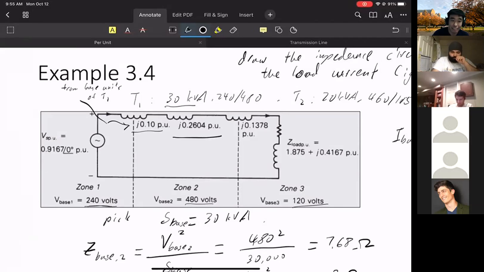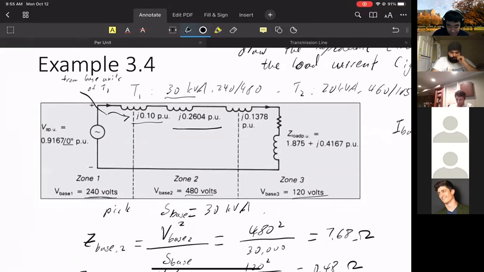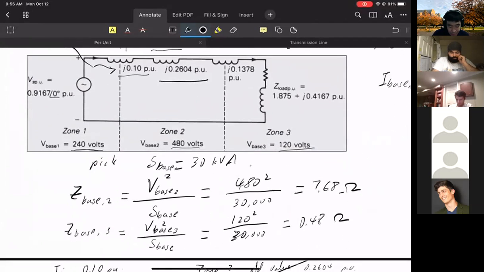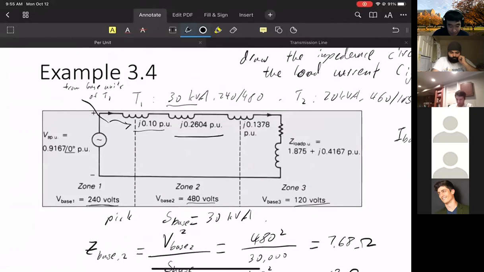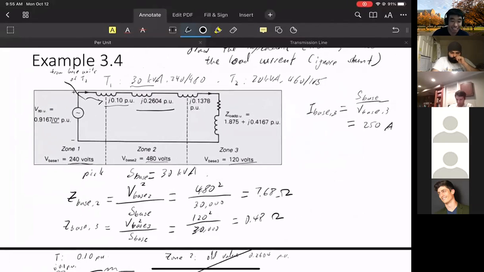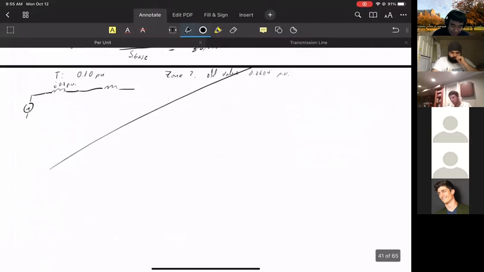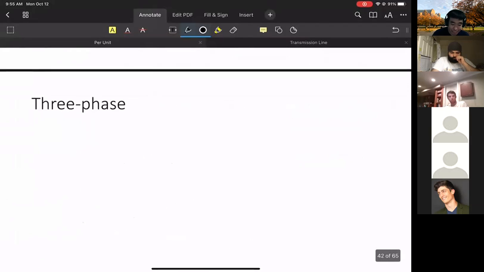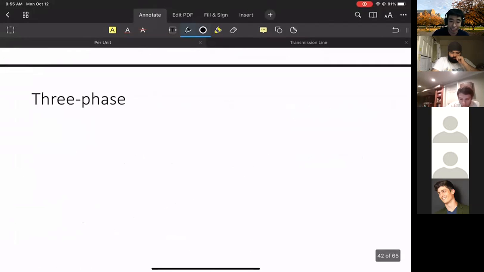I tried to make life easier by copying a diagram, but I think I copied the wrong diagram. Sorry about this. So let's skip this and we'll look at three-phase, then we'll come back to that example later.